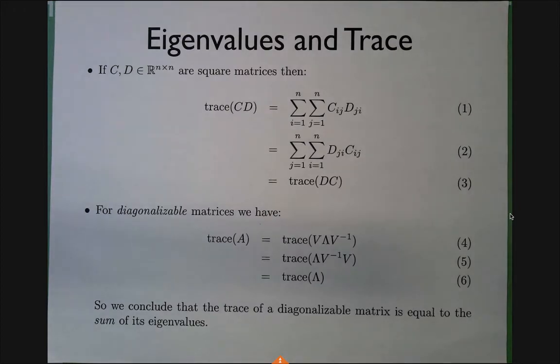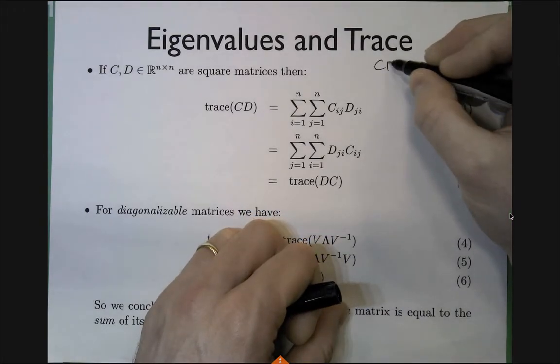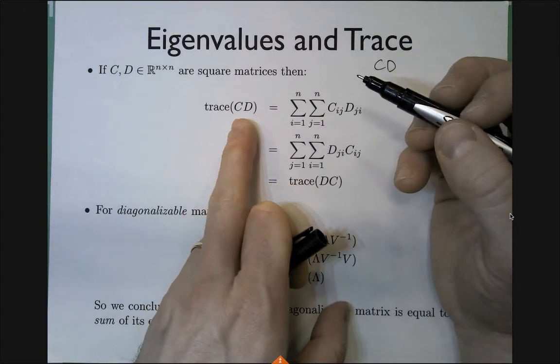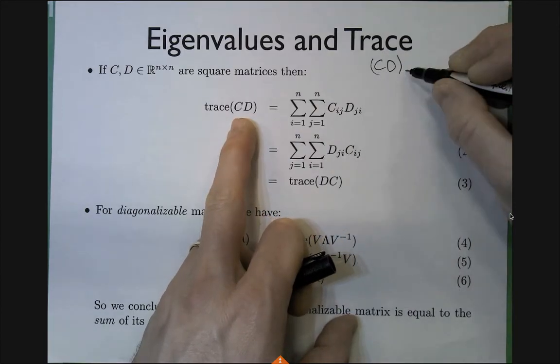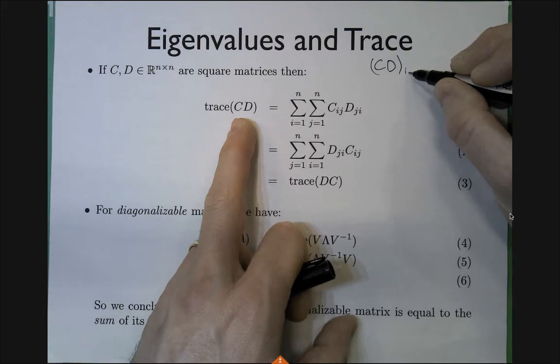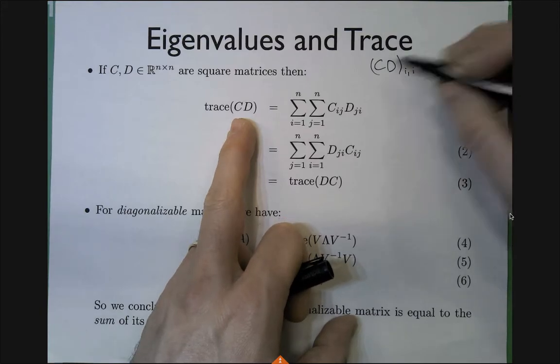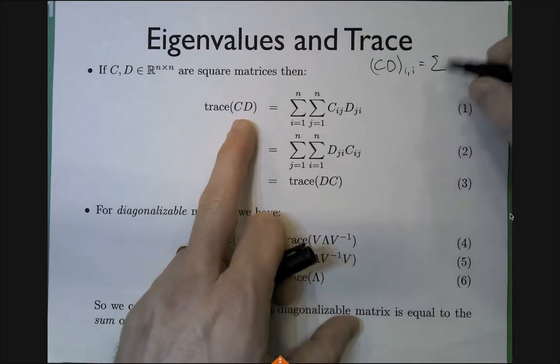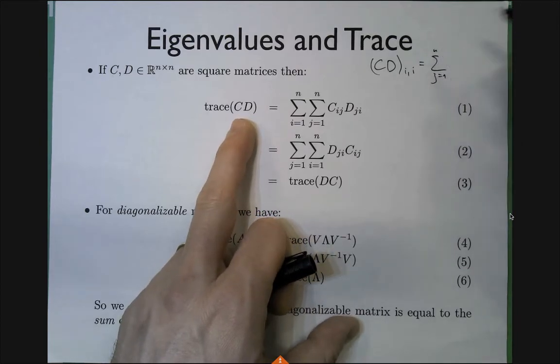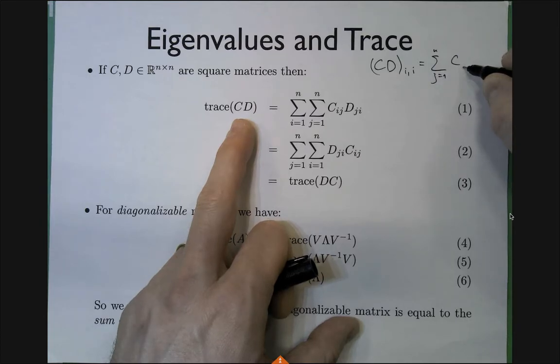Let's look at what the element is. Again, we are looking at a matrix product, and trace looks at the diagonal. So if I have an element at row i and column i of the matrix product CD, if you remember how the matrix product was defined, it was C_ij and D_ji.